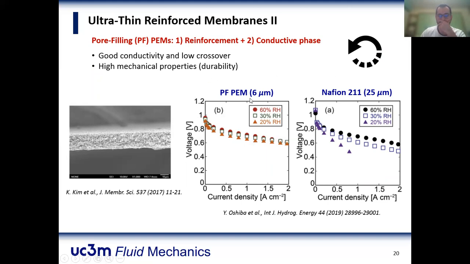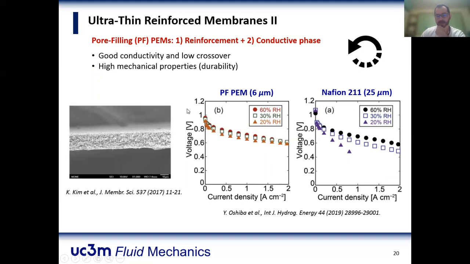With this kind of approach, it has been reported recently that with, for example, a 6 micron membrane, you are able to have high performance at low humidification, something that is not possible with Nafion 211.